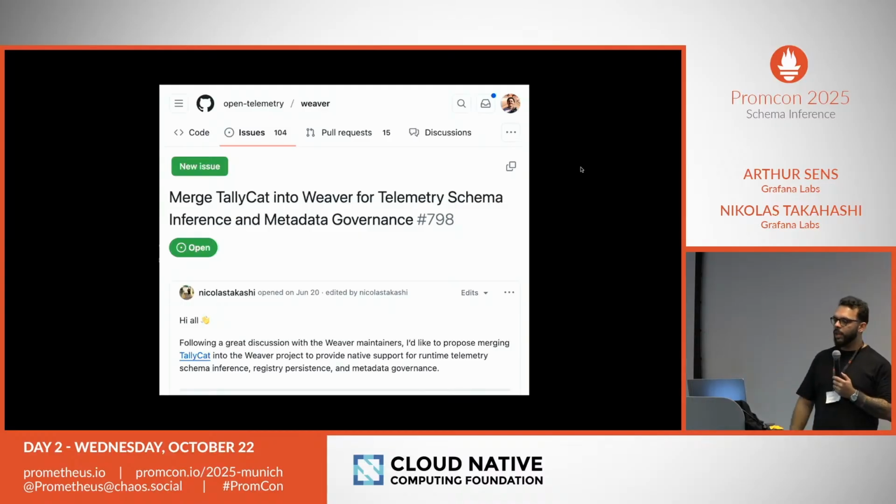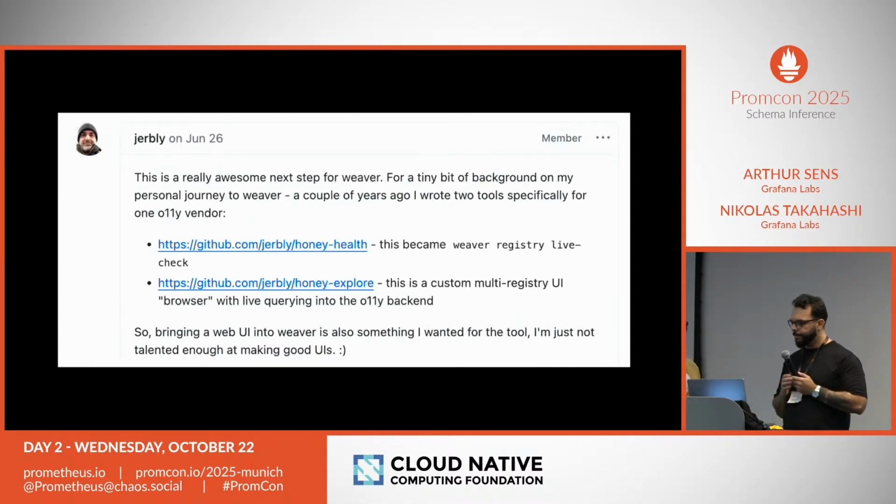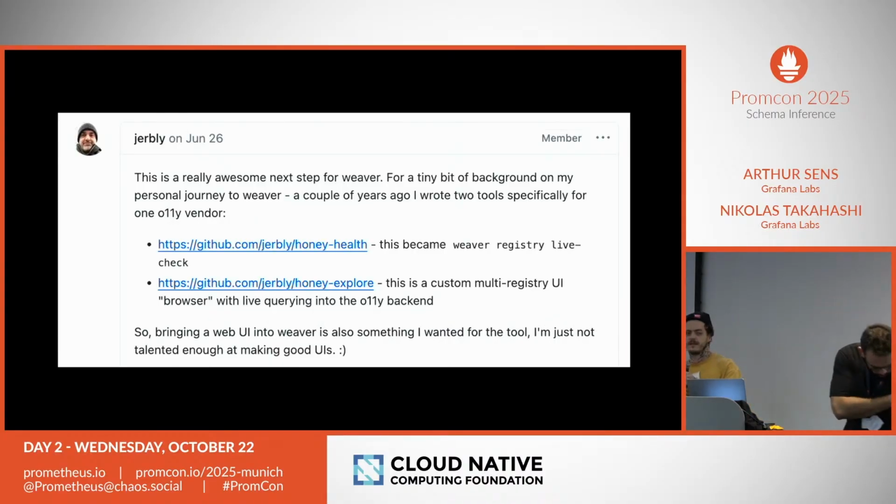But this is just a way that we can give some incentive to engineers onboarding telemetry first implementation, without rewriting everything from scratch. Yeah, we got buy-in from the Weaver maintainers, so we have green lights to do this.